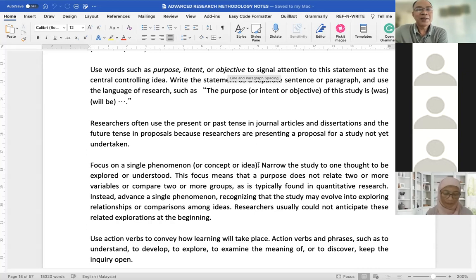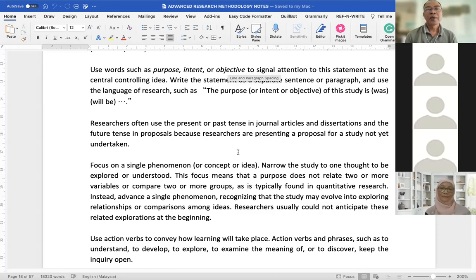Good question. There are some researchers that mention a little bit about the benefit of the study towards the end of writing the problem statement. They just give the general idea of the benefit of the study.